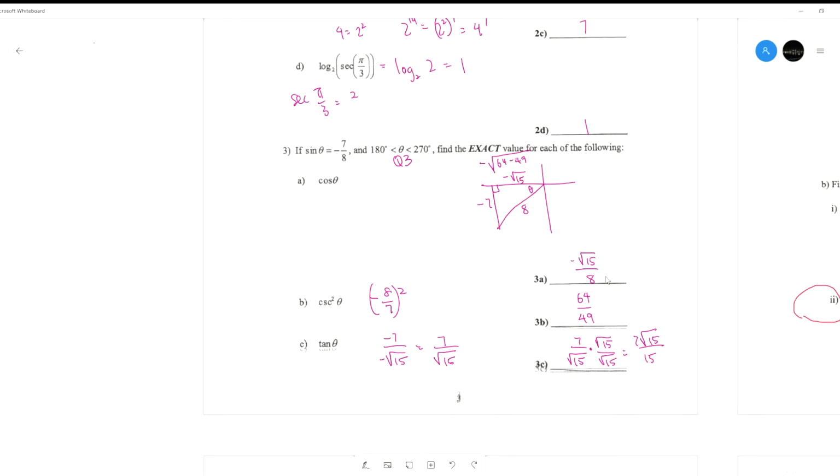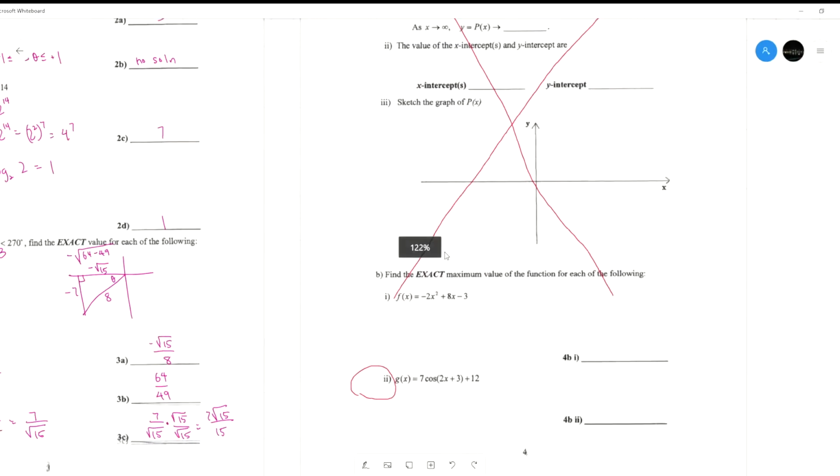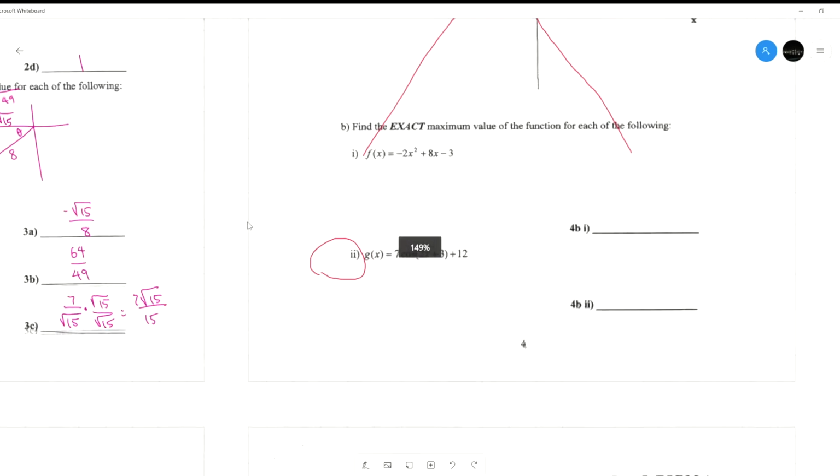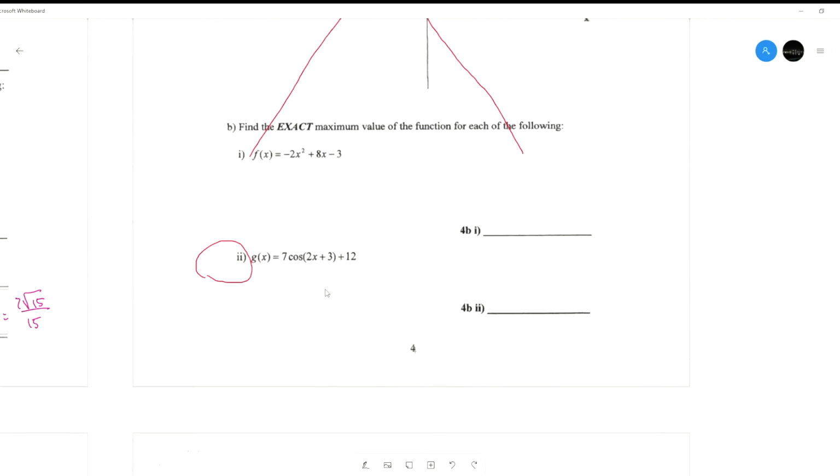All right, let's continue on. If you have questions, feel free to talk or type it in chat. Okay, now this one is asking for exact max or min. So I don't even have to graph this. When I figure out max and min, I look at these two numbers, the amplitude and the vertical shift.